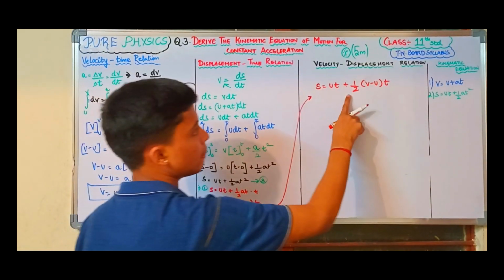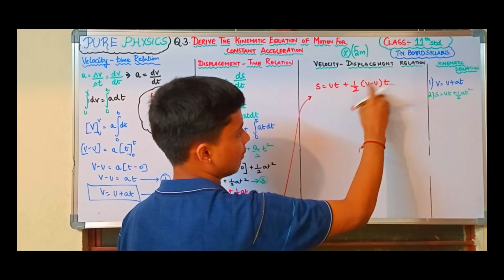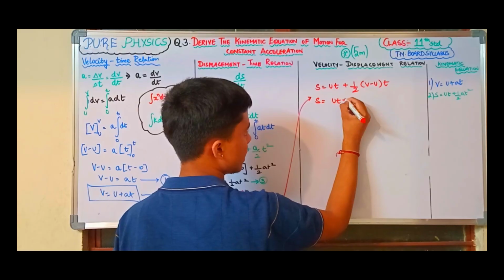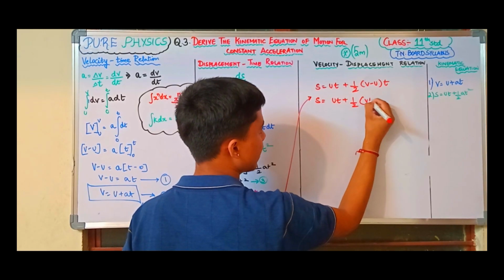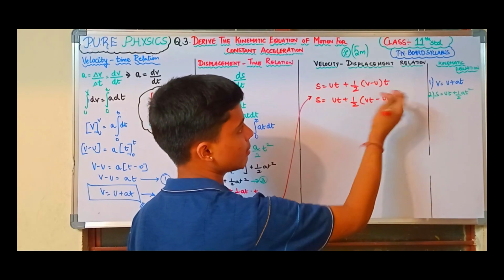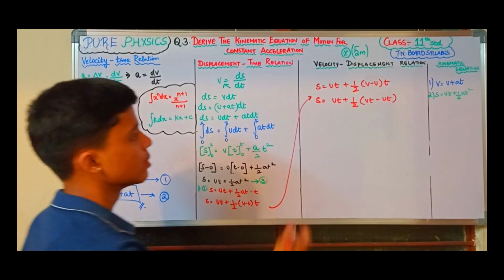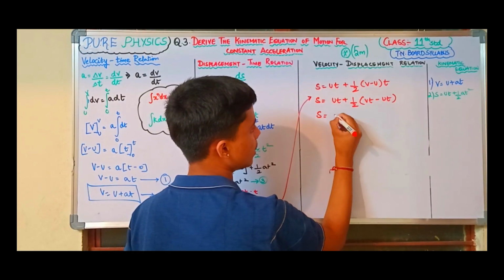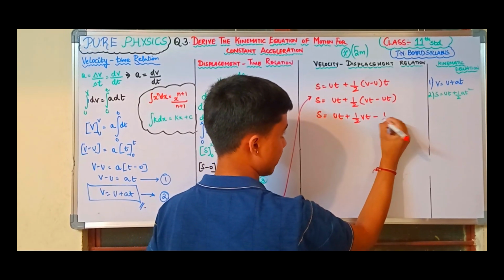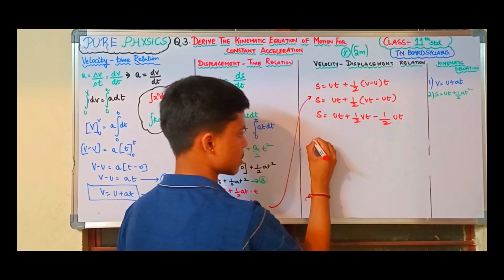Now I'm going to multiply this v with t and u with t, so that I have s is equal to ut plus half into vt minus ut. Now I'm going to multiply this half with vt as well as with ut. So I'll have s is equal to ut plus half vt minus half ut. What is 1 minus half?